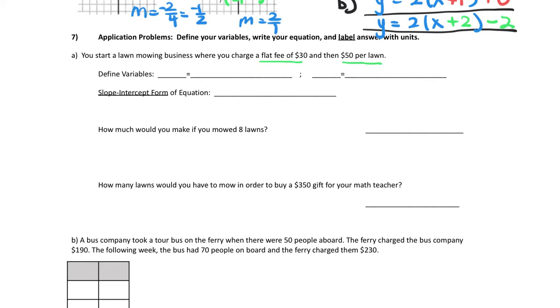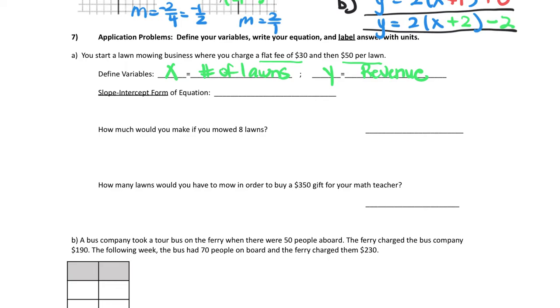I'm going to use X and Y just like we have been, but if you want to use L and C or R for revenue, L for lawns, that's fine. I'm going to use X to be the number of lawns and Y to be my revenue, what I earn.